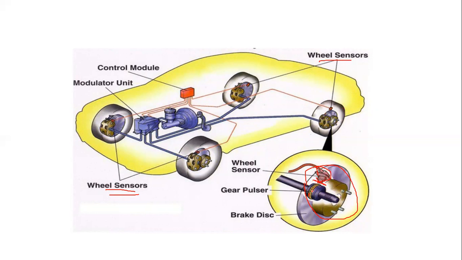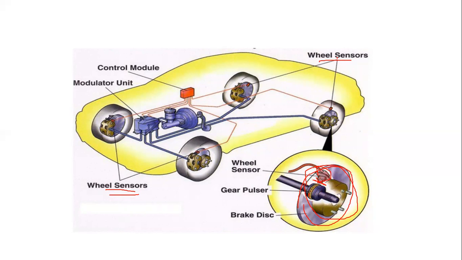Actually this toothed gear will be fixed to the rim, to the wheel itself, right? So whenever the wheel rotates, this toothed gear profile will also rotate, which will create pulses in terms of this air gap.